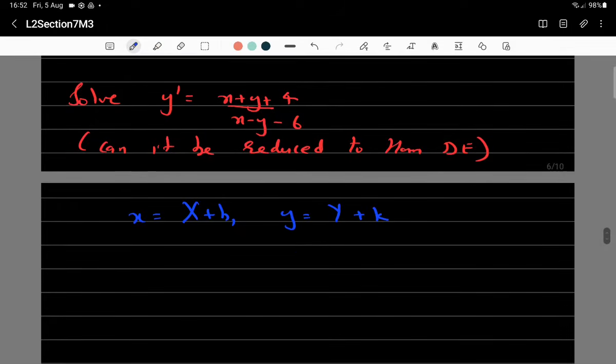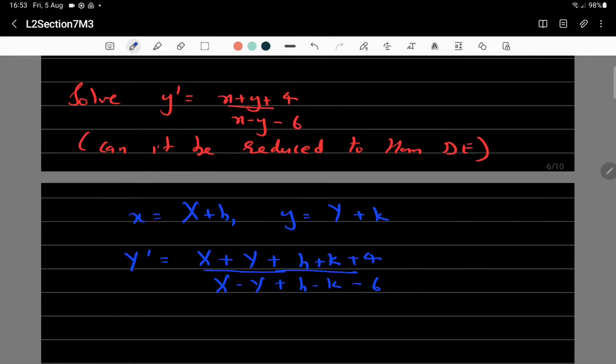Because if you substitute it, then you will get capital Y dash is equal to (capital X plus capital Y plus h plus k plus 4) divided by (capital X minus capital Y plus h minus k minus 6).